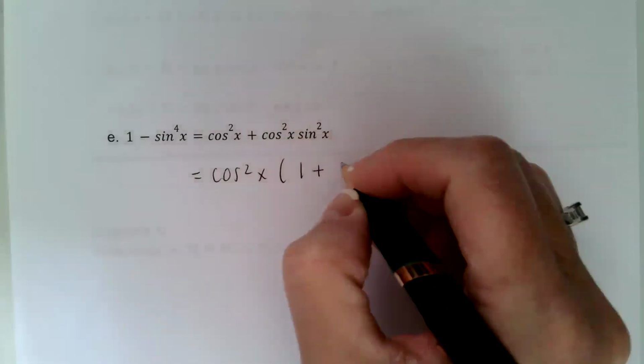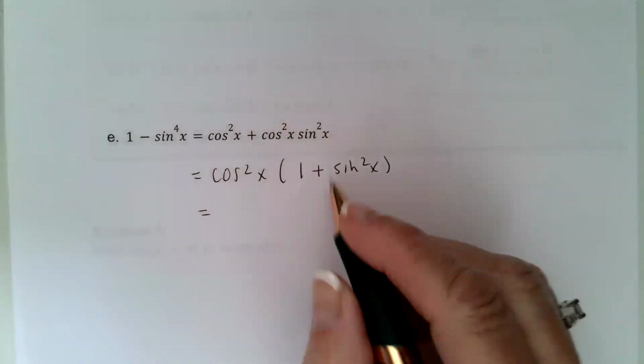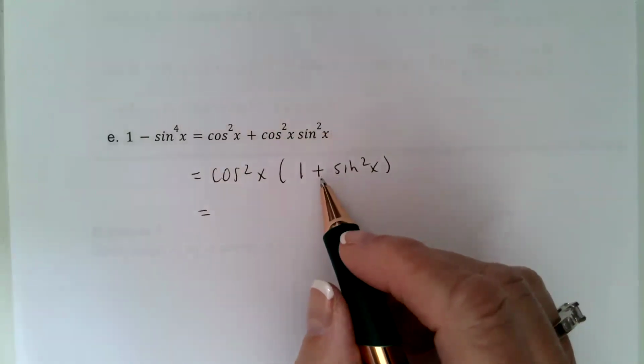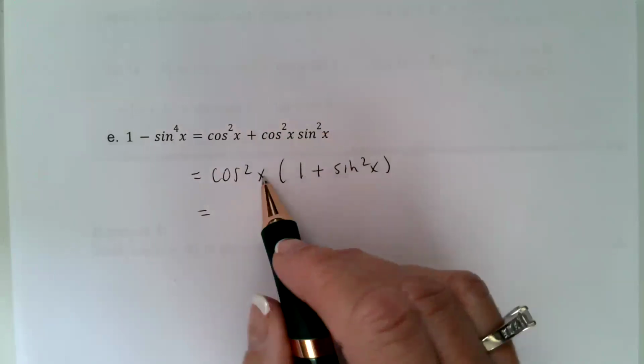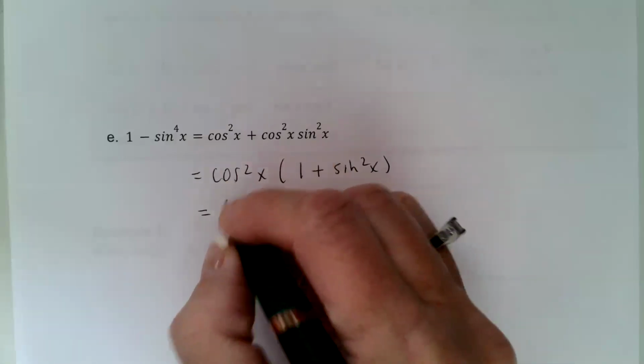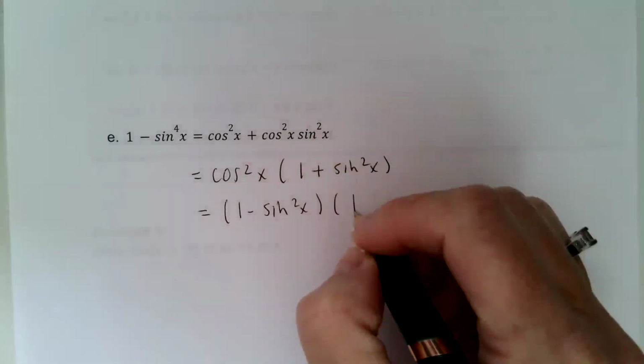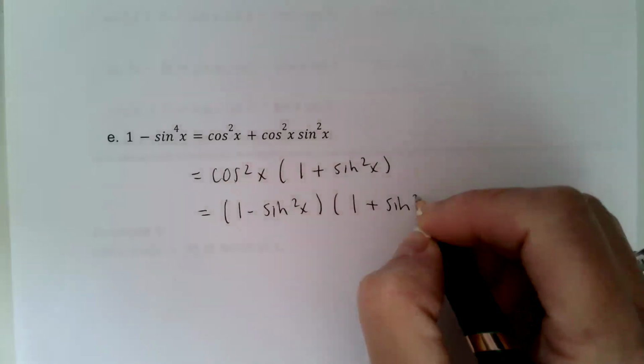And I have 1 plus sine squared x. And this cosine squared x, what we showed a few pages ago, can be rewritten as 1 minus sine squared x times 1 plus sine squared x.